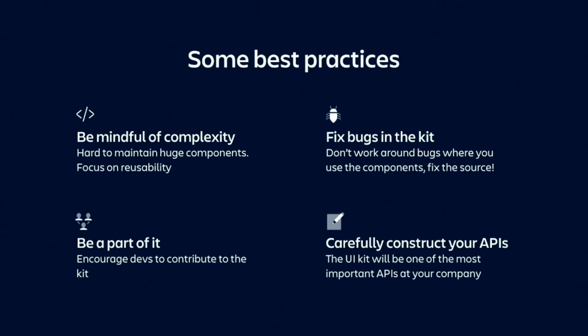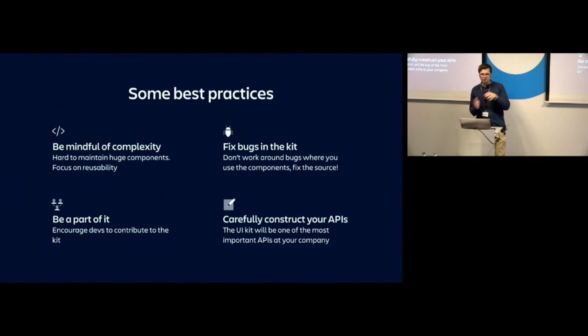And this is my favorite one: design the API of the UI kit very carefully because this kit will be one of the most important APIs at your company. At least that's what has happened with us at Tempo.